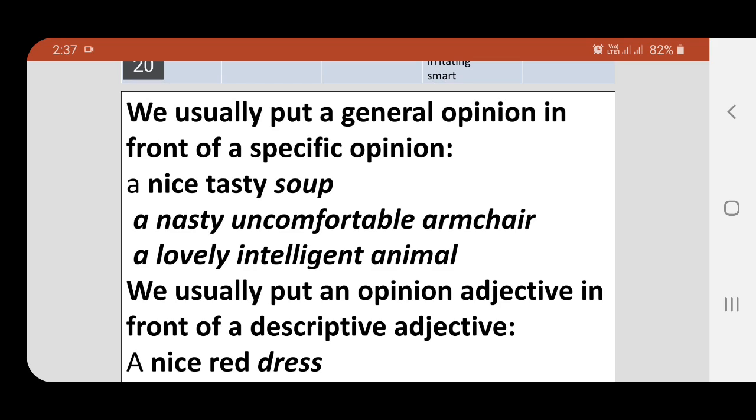But tasty, which one is tasty? A book is not tasty. A book is not in good taste, but of course they are rarely used. Sometimes we used to say the articles are not in good taste. That means they are not written in a good intention. But 99% I can say that tasty is a specific opinion.